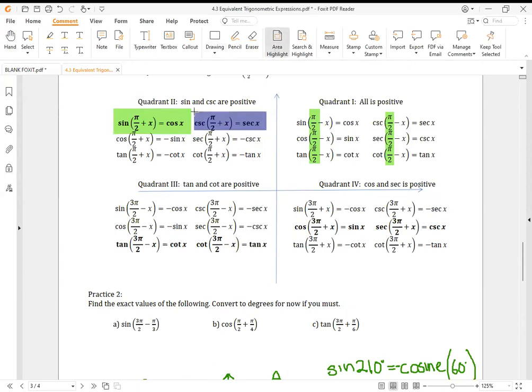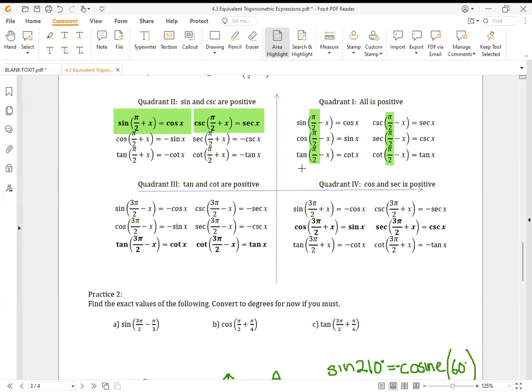If I convert cosecant, the result still remains positive. However, check this out. If I convert cosine, it becomes a negative. If I convert secant, it is a negative. If I convert tangent, it becomes negative. If I convert cotangent, it becomes negative.